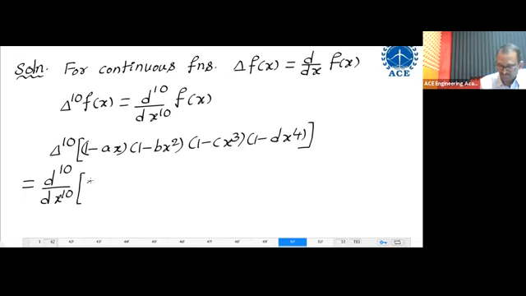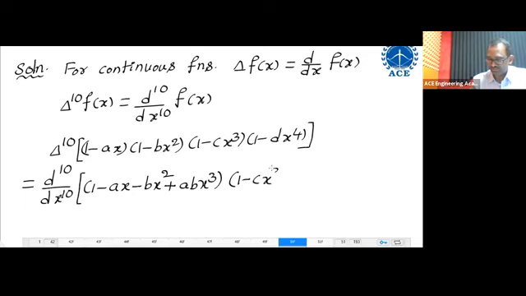Multiply these two: 1 into 1, 1; minus ax into 1, minus ax; minus bx square; minus into minus, plus ab x into x square, x cube. Similarly, 1 into 1, 1; minus cx cube into 1, minus cx cube.